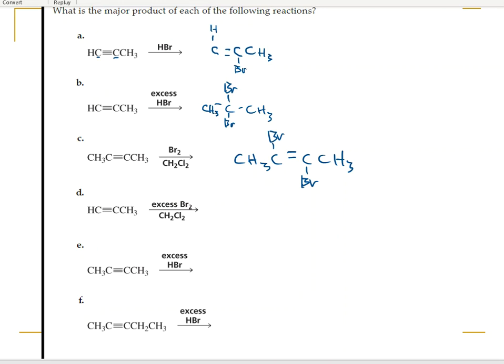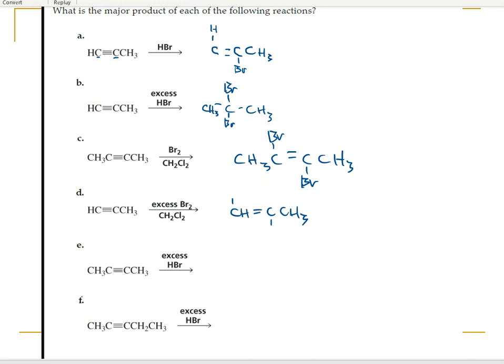Let's take a look at D. All right, so for D, I get this CH, and then I have a triple bond, and then a carbon, and then a CH3. And this time it does say excess, so they want me to go all the way with this one for sure. All right, so triple breaks to a double. 2 sites of attachment open up, here, here. No rearrangement takes place.